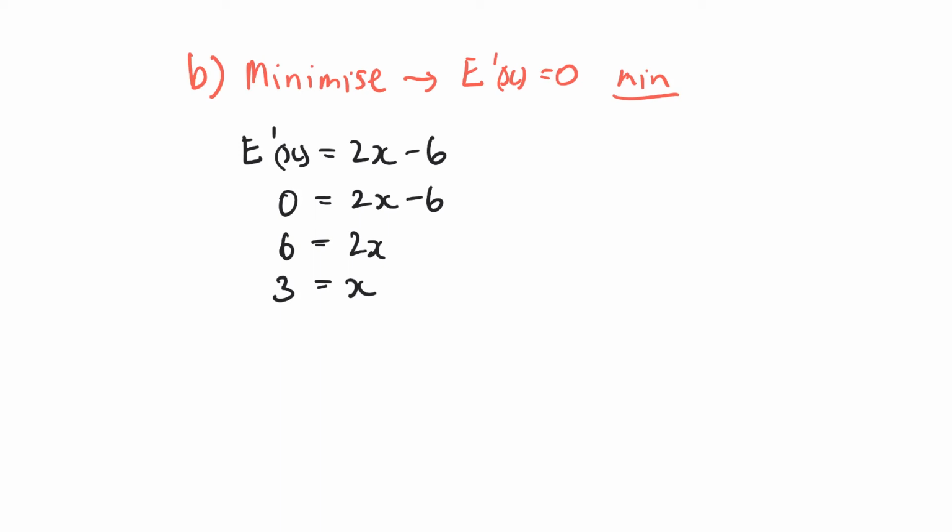Now, all this means is we have a minimum turning point if we were to graph this function when x equals 3, or according to this scenario, when 3 lots of 100, so 300 items are being made, we get an expense. To make sure it's a minimum turning point though, I'm going to examine that second derivative. Now, this is a nice one for us because our second derivative equals 2, which is greater than 0.